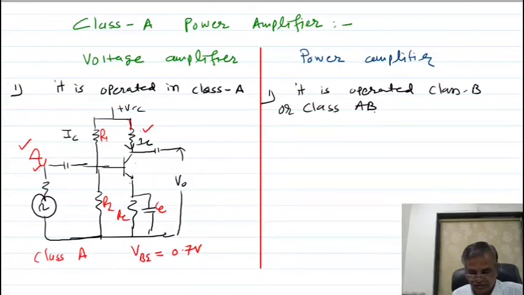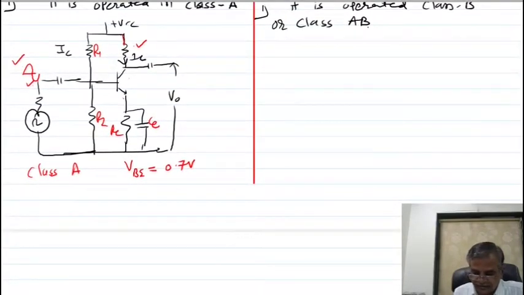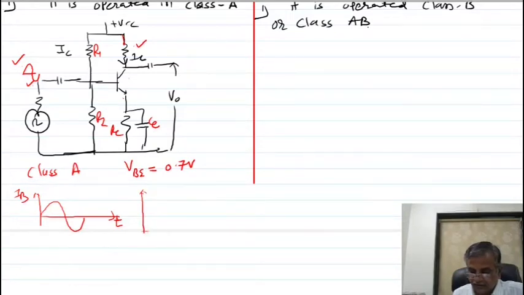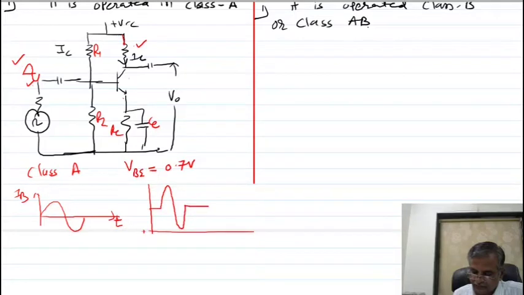Look at what will happen. This is your input signal, your base current. I am showing you base current with time, and my collector current will flow for both halves of the AC input cycle. This is your collector current with time.